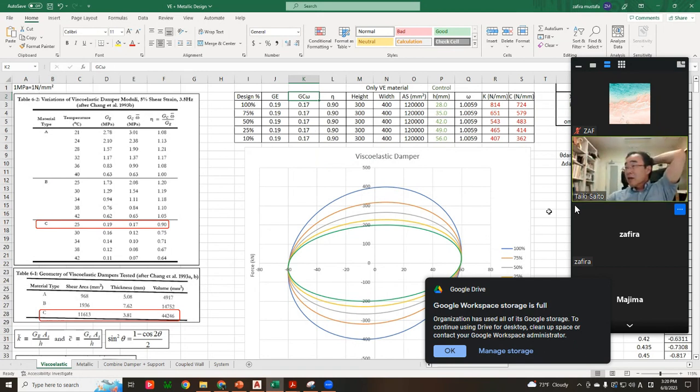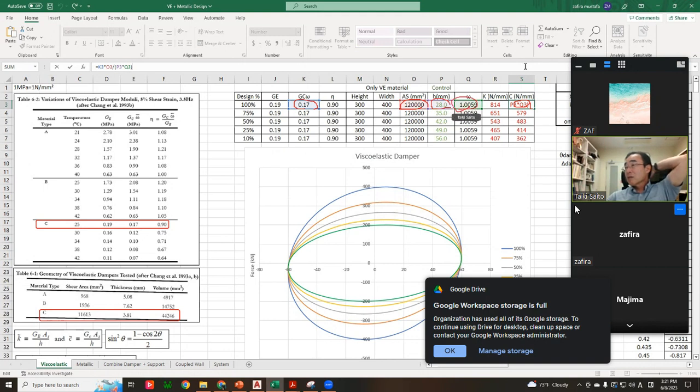Click this one again. And this is K3 divided by P3 and omega. Yeah. Okay. So putting GC here.